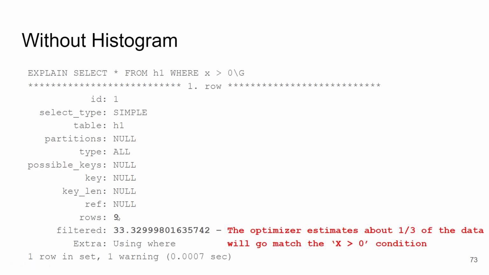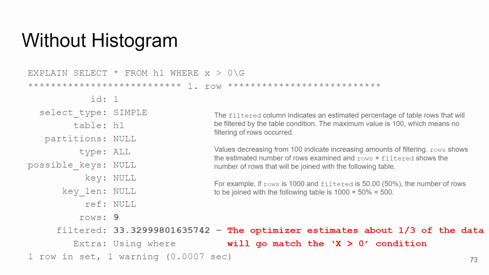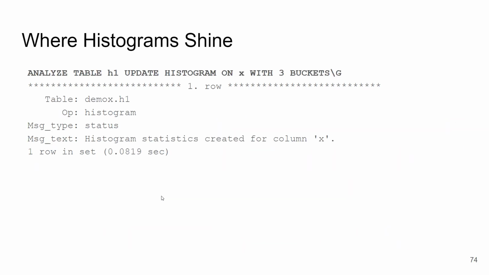That's my estimate. If you've ever worked with a building contractor or someone repairing your car on an unknown thing and they give you their best estimate, you know how this is not as accurate as you would like. By the way, the filtered column indicates an estimated percentage of table rows that need to be filtered by the table condition. So the closer you get to 100, the better you're doing.